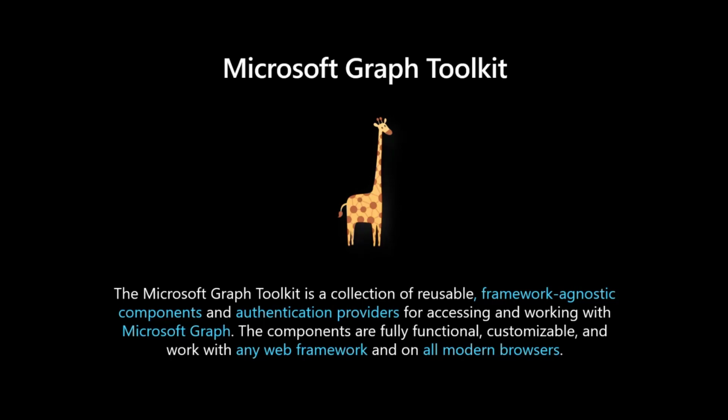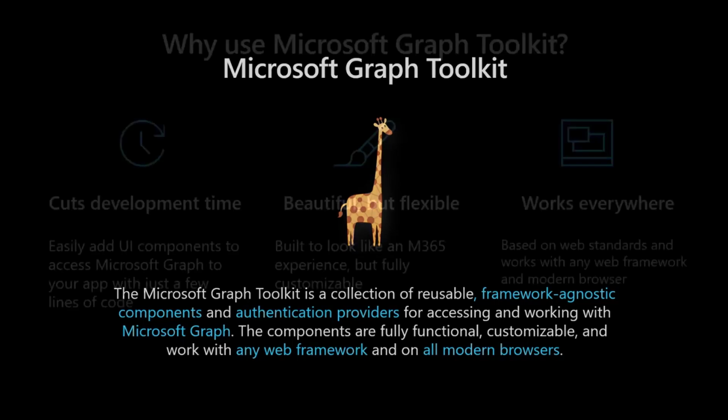So think about a drag and drop of a component that automatically connects to Microsoft Graph and enables you to focus on your business scenarios rather than building boring controls. We're taking the work of building the controls you need. You embed them in your app so you can really build business value rather than building the controls you've been asking for over and over and over.